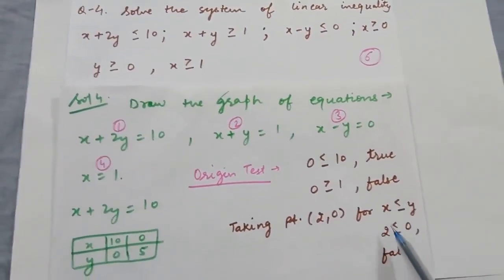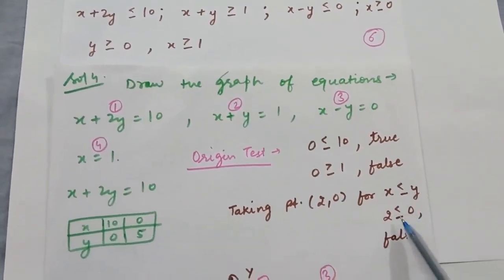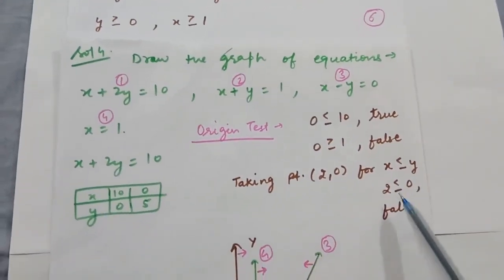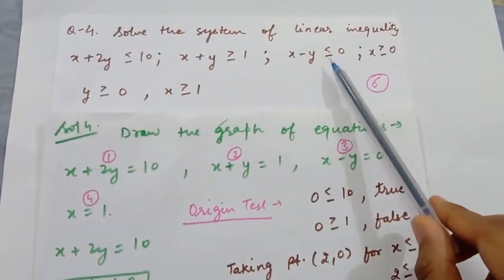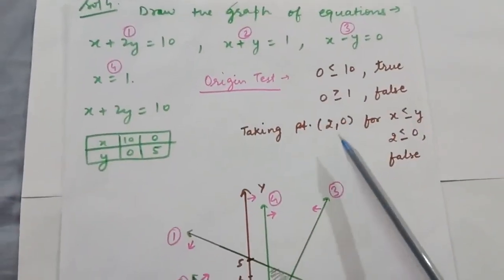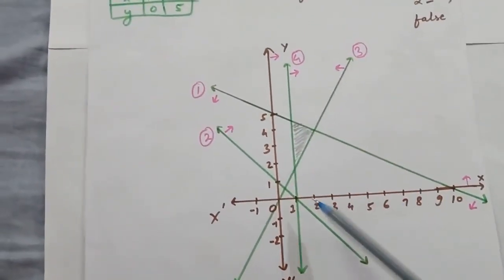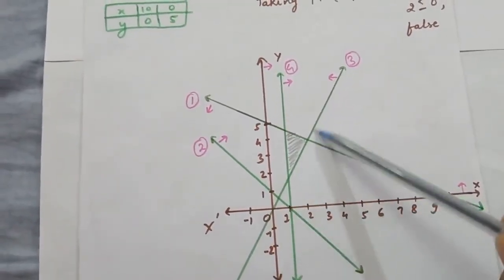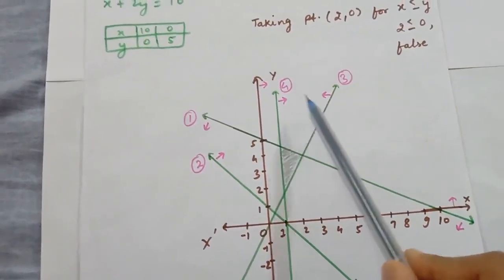So in place of x write 2, in place of y put 0. 2 less than or equal to 0, which is false. Therefore, the solution of this third inequality will lie in the region which does not contain 2, 0. So see, this is the region which contains the point 2, 0. So the solution of this third line will be away from this region, that is on this side, right?